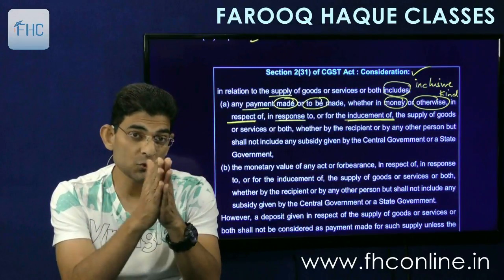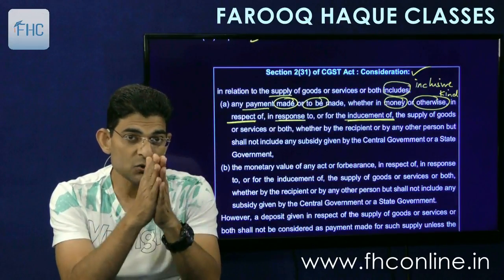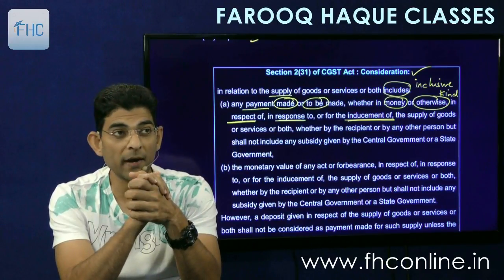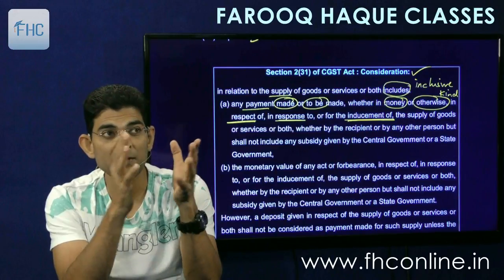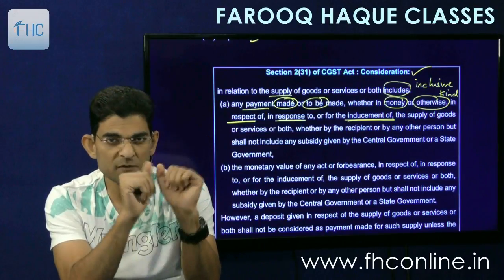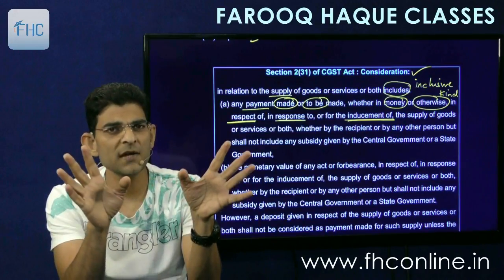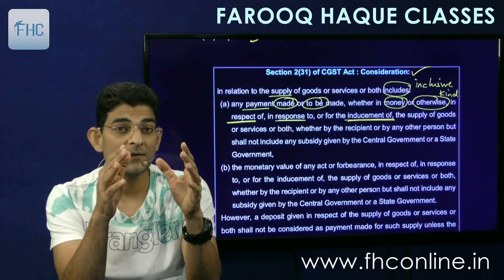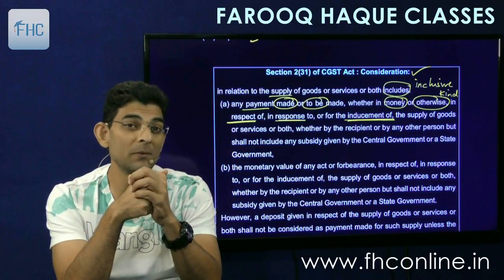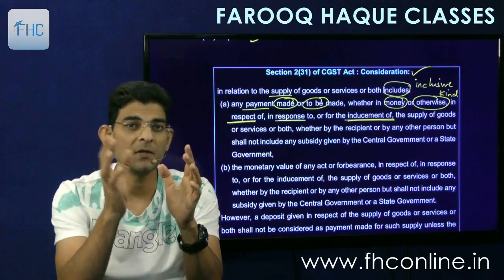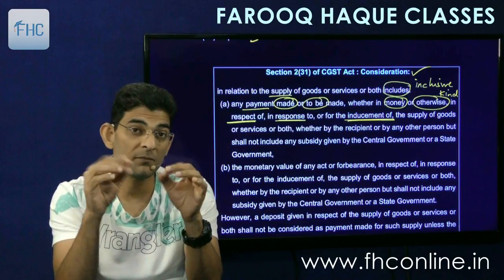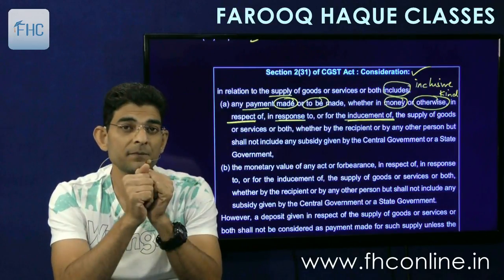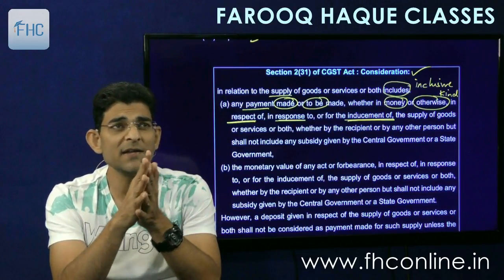Then in response to. In response to is a situation where the goods are supplied to me. No amount was decided, nothing. Goods are just supplied to me. The best example I can take is goods on approval basis. You supply the goods to me for approval. Now you give me a time of 15 days to approve or reject. So goods come to me, and then I decide.